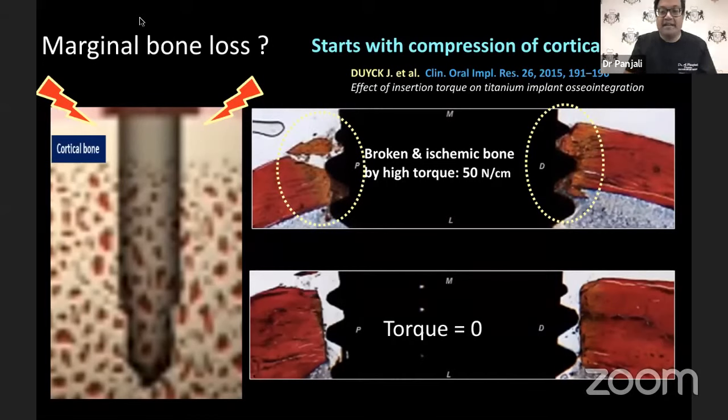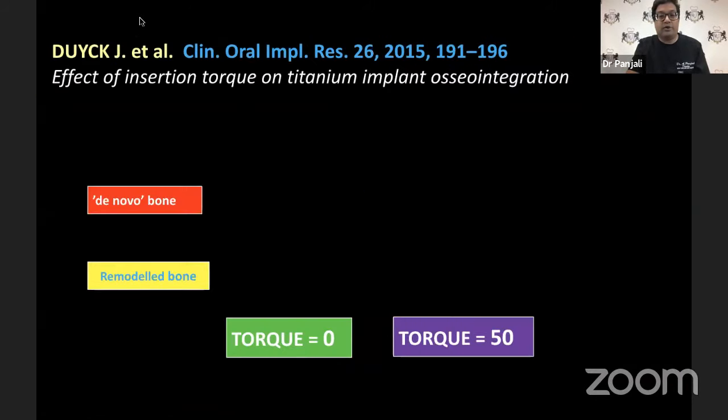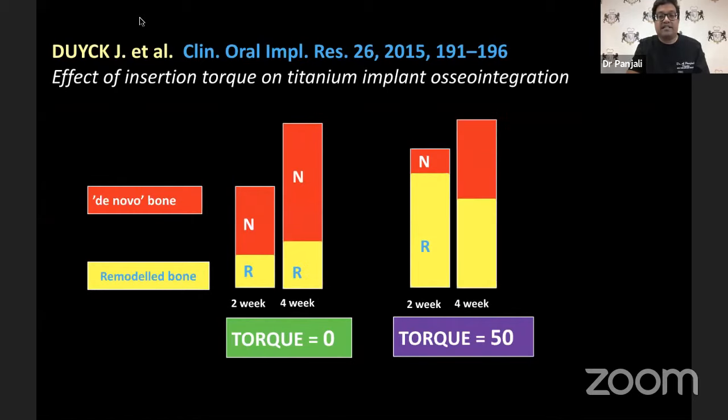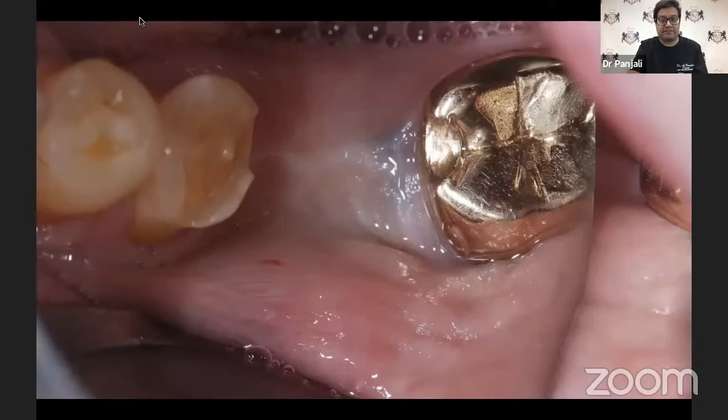However, if you leave a little space around that crestal bone, with zero torque, what you will get is new bone formation, according to this article. And new bone formation is better because the resorption will be almost negligible. If you have remodeled bone, you can expect more bone resorption around the crest.